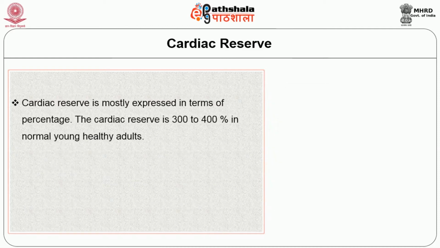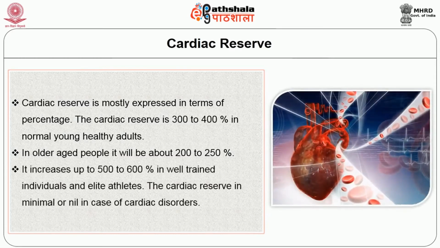Cardiac reserve is mostly expressed in terms of percentage. The cardiac reserve is 300 to 400% in normal young healthy adults. In old aged people, it will be about 200 to 250%. It increases up to 500 to 600% in well-trained individuals and elite athletes. The cardiac reserve is minimal or nil in case of cardiac disorders.